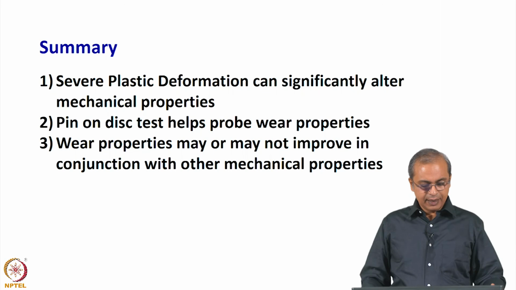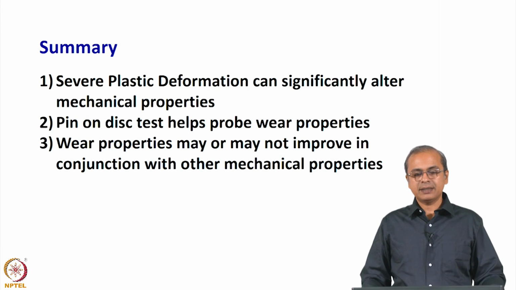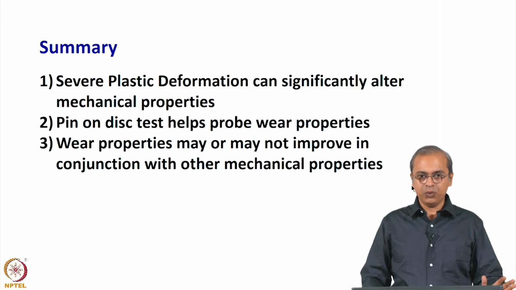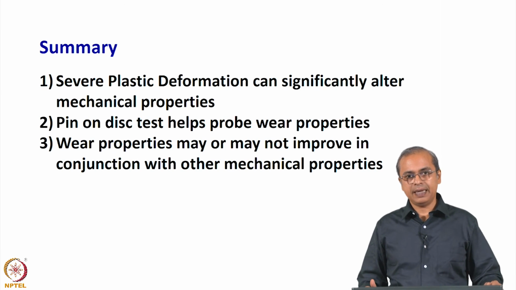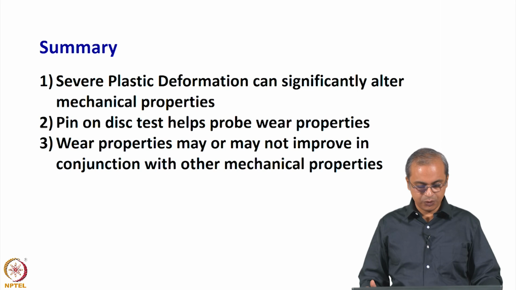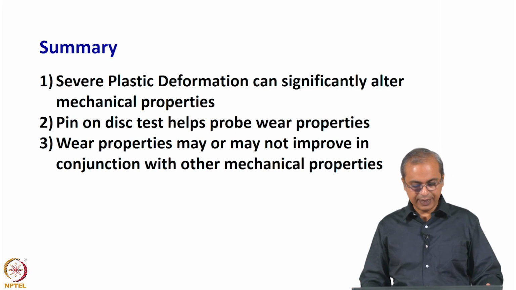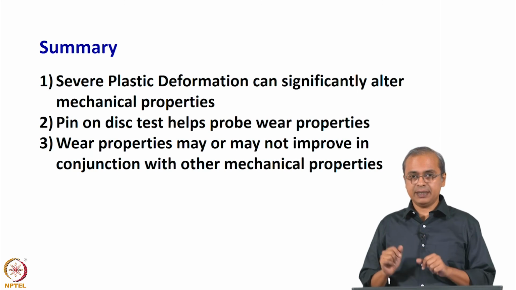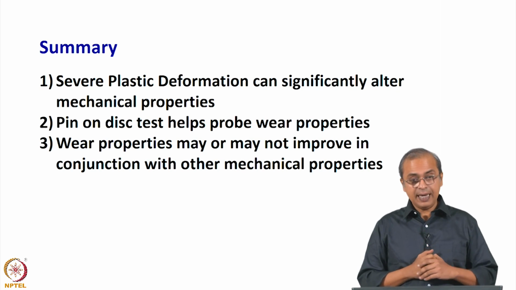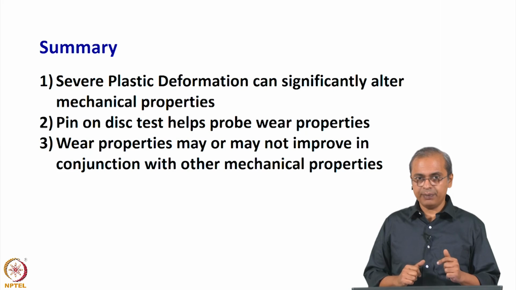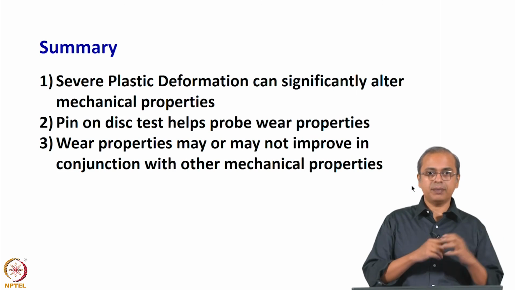So, in summary, we have seen what severe plastic deformation can do, and that it can significantly alter mechanical properties, and we saw that in the two different discussions that we had. We also saw that the pin on disk test is a very useful test to gauge wear properties, and that wear properties may or may not improve in conjunction with other mechanical properties.